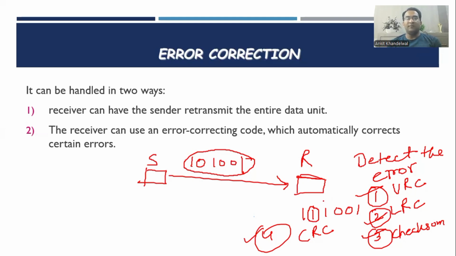Now, if the receiver finds an error in the data, then it can be handled in two ways. That is, the receiver can have the sender retransmit the data. So here we are talking about the retransmission of the data. For retransmission, we use the automatic repeat request algorithm.